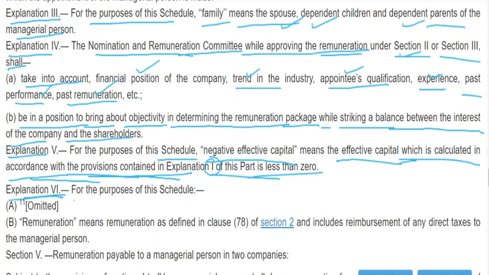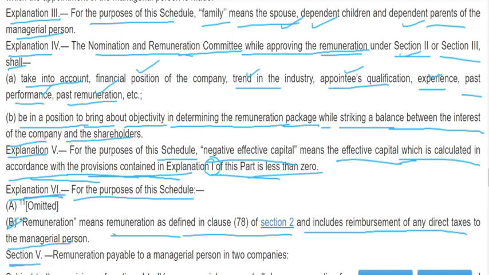Explanation 6. For the purpose of this schedule, remuneration means remuneration as defined in clause 78 of section 2 and includes reimbursement of any direct taxes to the managerial personnel.